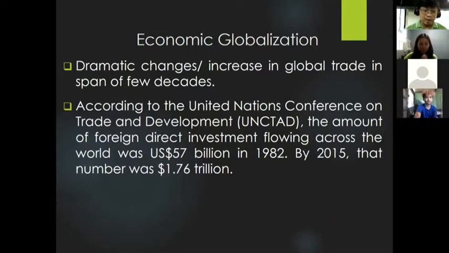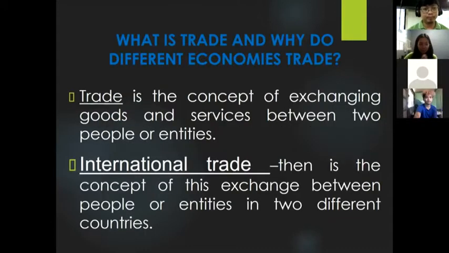And after 40 years, by 2015, that number has increased to 1.76 trillion. Anong ibig sabihin nun? Yung dating 57 billion, tuloy-tuloy yung paglaki nito in 3 decades to 4 decades. And yung size niya, nag-triple siya. So that is the process of economic globalization.